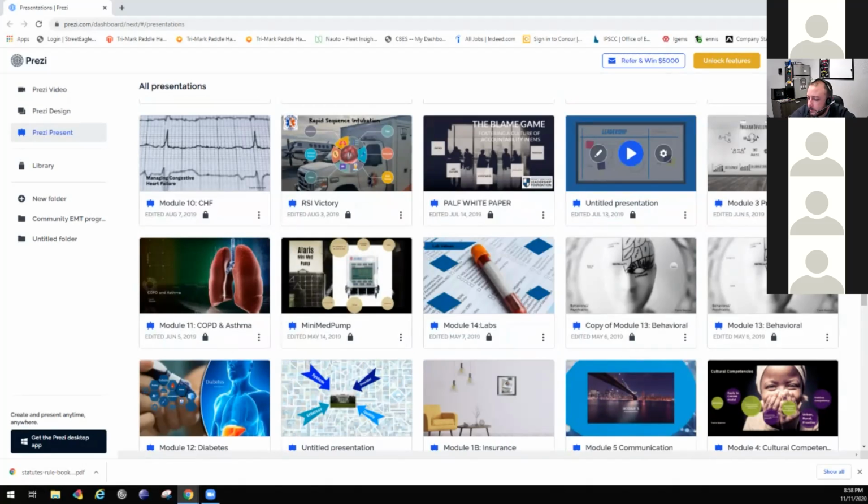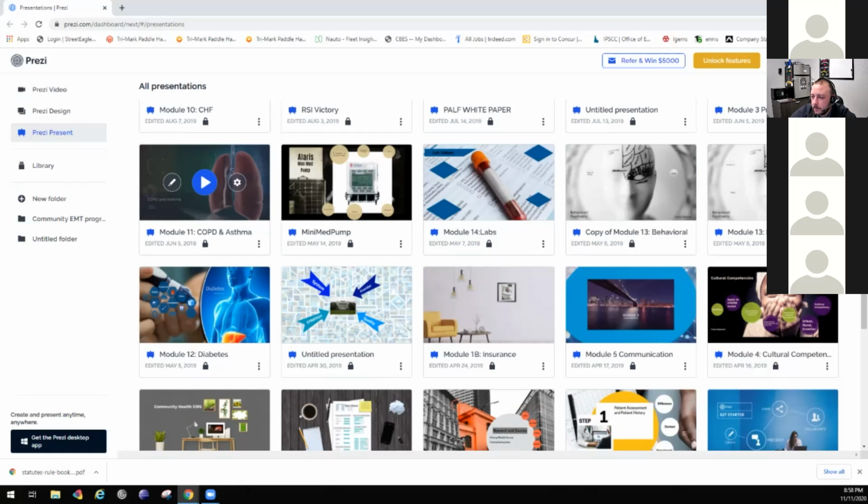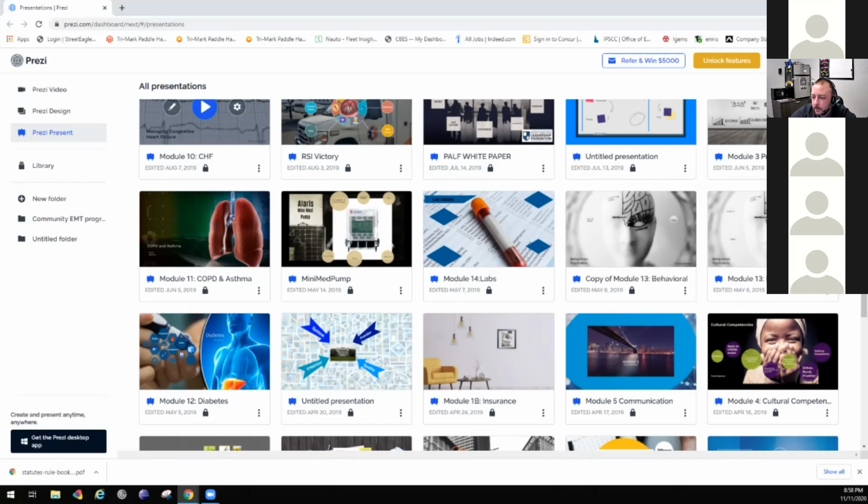I'm going to give you this week to try to decide if there's anything else that you want me to focus on. Just to tell you where we're going here, we're going to hit COPD and asthma, we're going to hit CHF, we're going to go into diabetes, and then we're going to go into behavioral health for sure. Your optional modules are what you guys want.